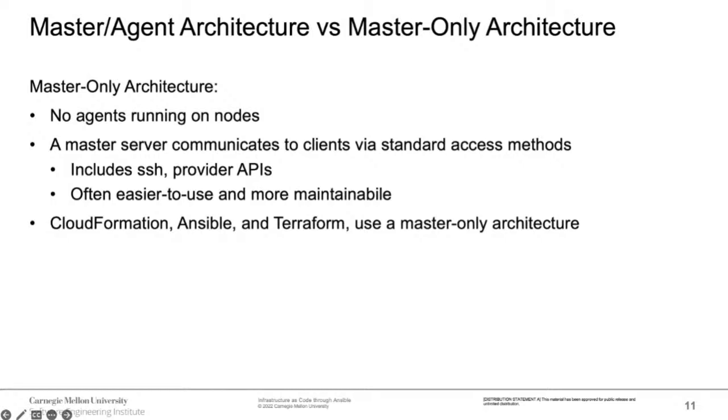And oftentimes this leads to being easier to use and more maintainable for us as a user. The programmers of Ansible or Terraform need to keep up with API changes, but that's not our responsibility as a user of those tools. So our code is often a little bit easier to use and easier to maintain. So CloudFormation, Ansible, and Terraform, they're the ones that really lean into this master-only architecture.